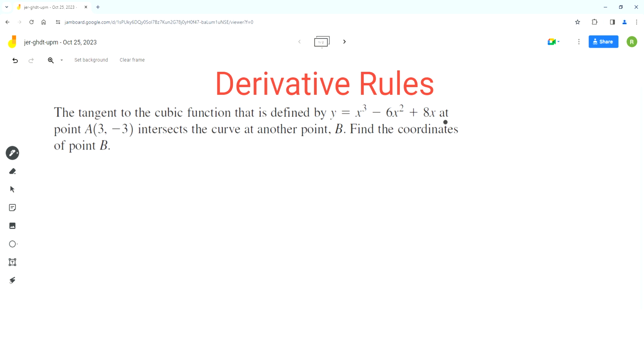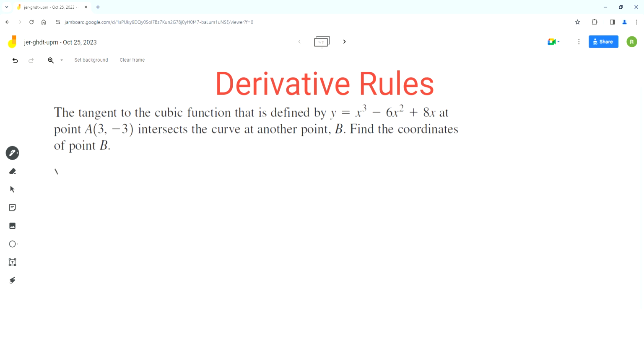So the first step here is to find the derivative of the given function, the equation of the curve, to find the slope of the tangent. And we'll use that slope of the tangent to find the equation of the tangent. So let's start with the derivative of the given equation.